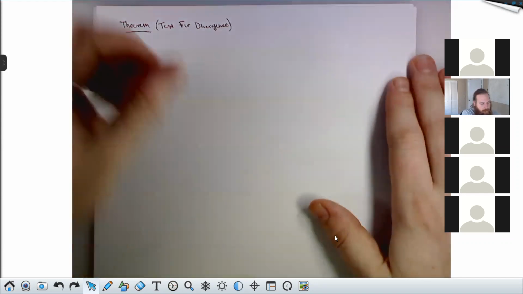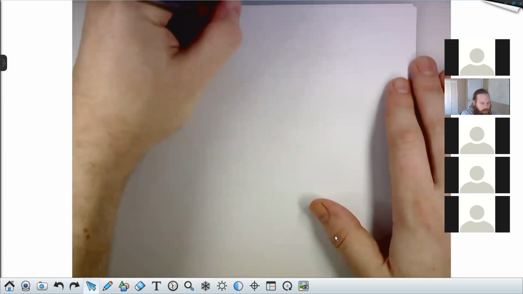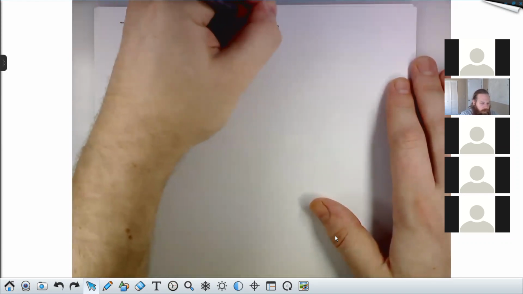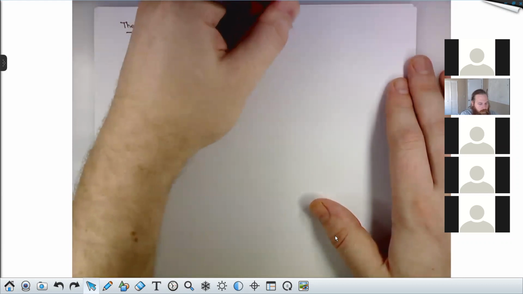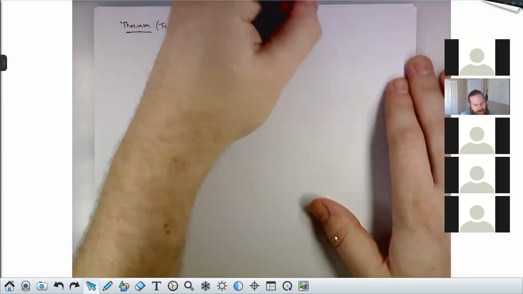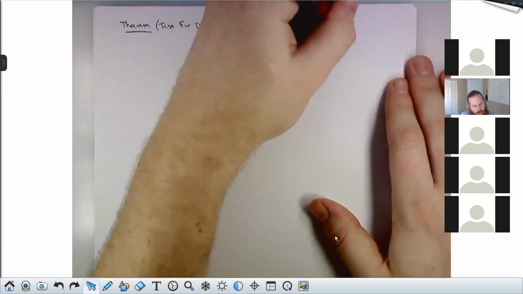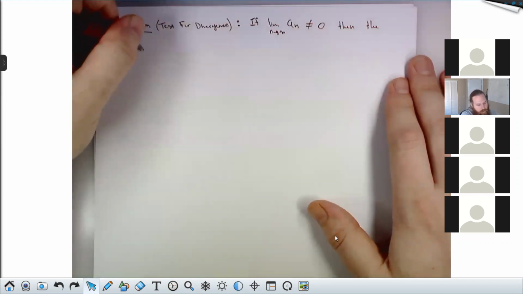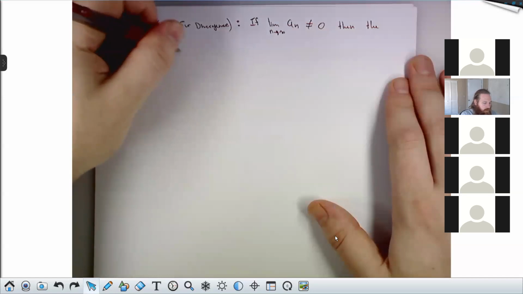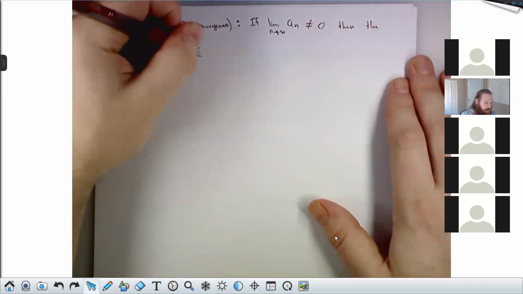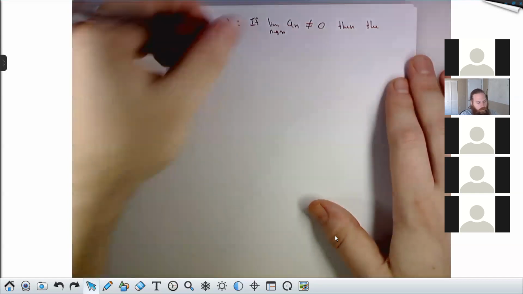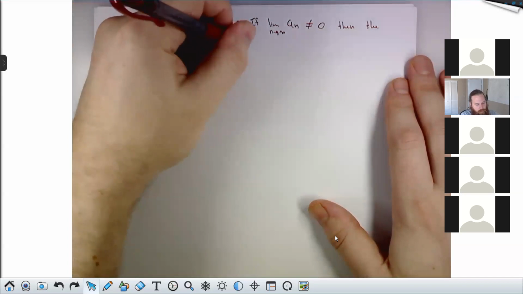It's called the test for divergence, and it says simply if the limit as n goes to infinity of a_n is not 0, then the series S equals sigma a_n, and it could be summed from anywhere, 0, 1, 5, up to infinity, diverges.